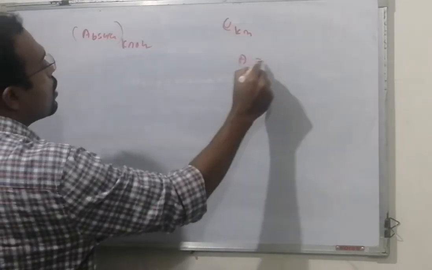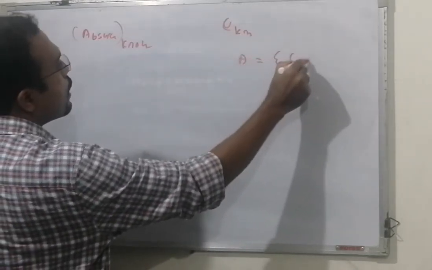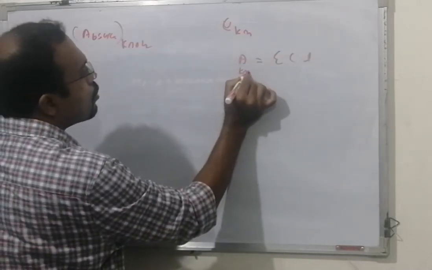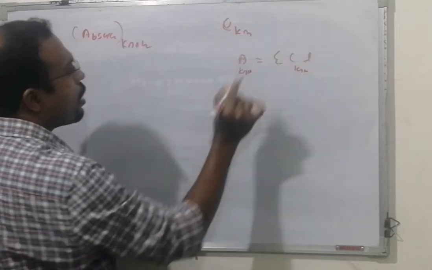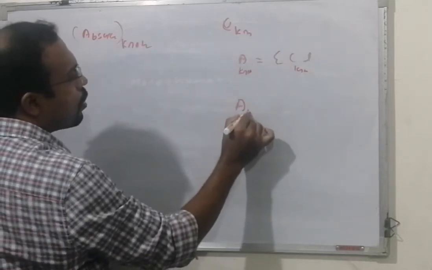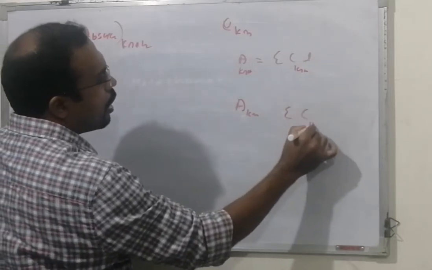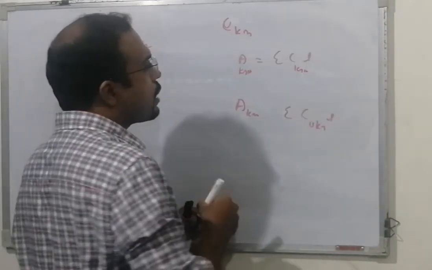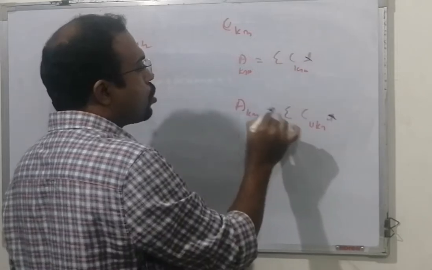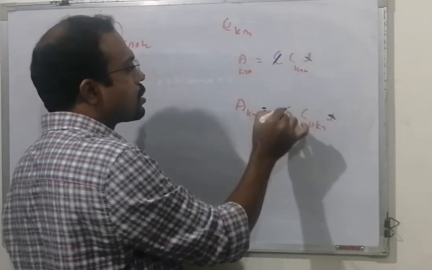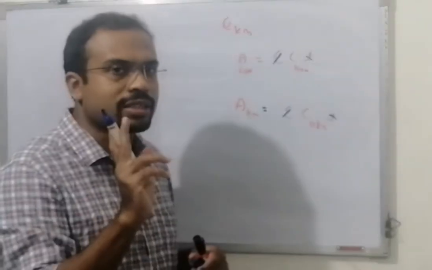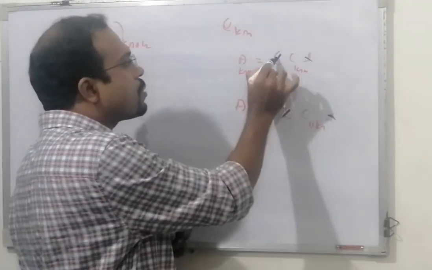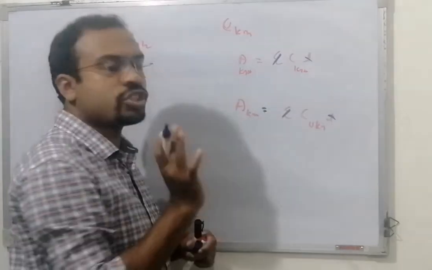Because you have A equals epsilon C L, you use the same equation. So the absorbance of the known and the concentration of the known are known. Then you have the unknown, A equals epsilon C unknown L. Use the same equation for the unknown, therefore the path length cancels. The substance is the same, but you don't know the concentration. Therefore, for the same substance, epsilon is the same.